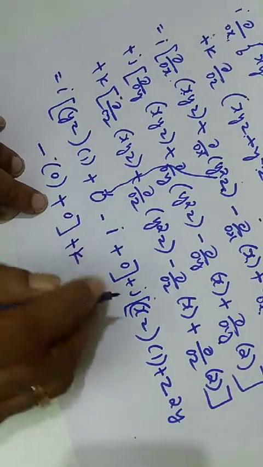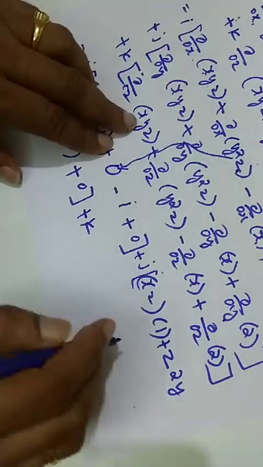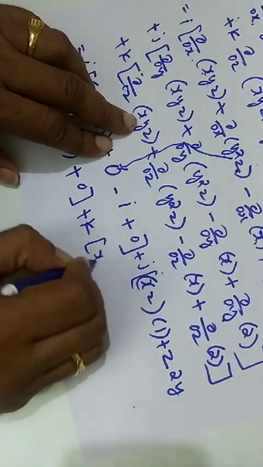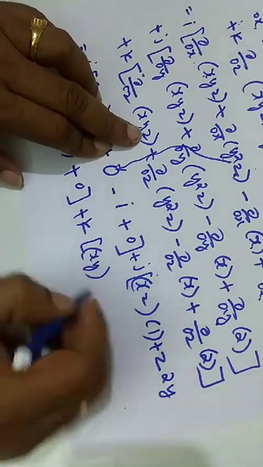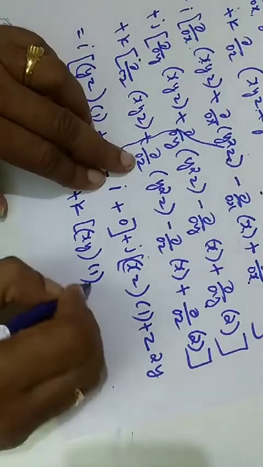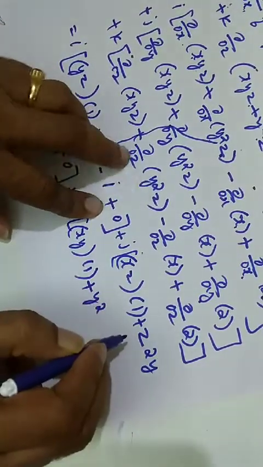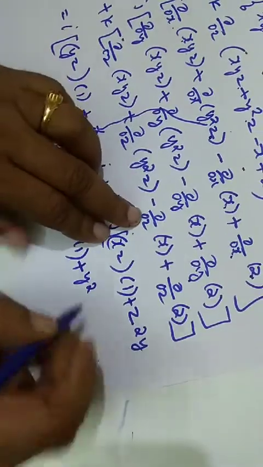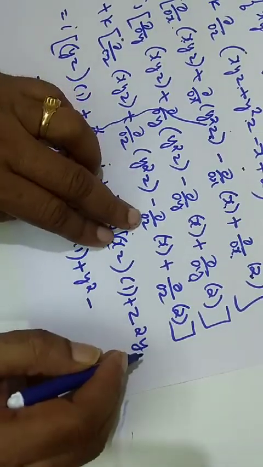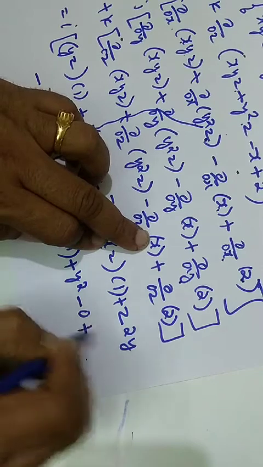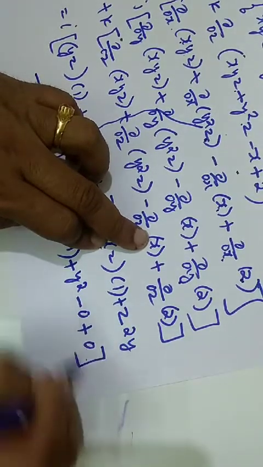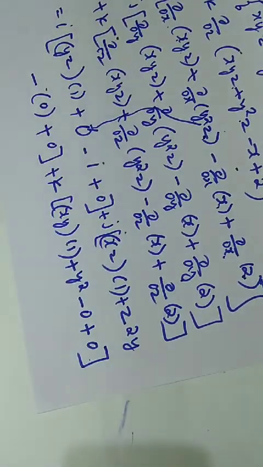Next plus k into, with respect to z, xy constant, take it outside, differentiation of z is 1. Next with respect to z, y squared is constant, differentiation of z is 1, minus, with respect to z x is constant so 0, with respect to z 2 is constant so 0.